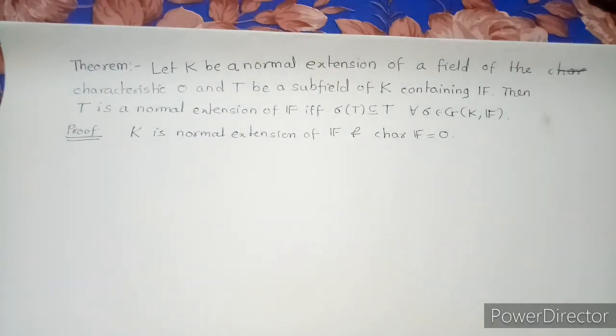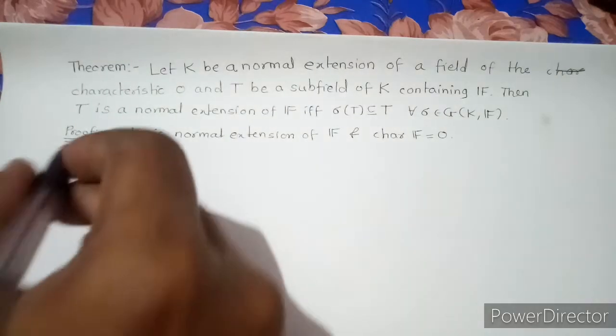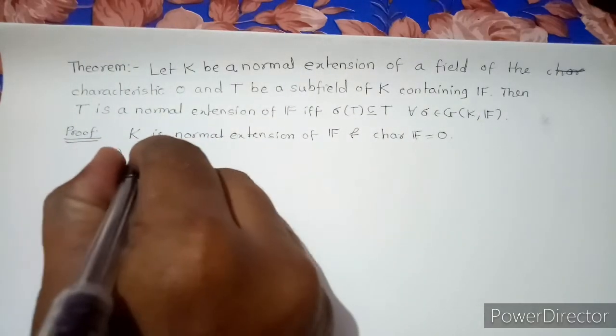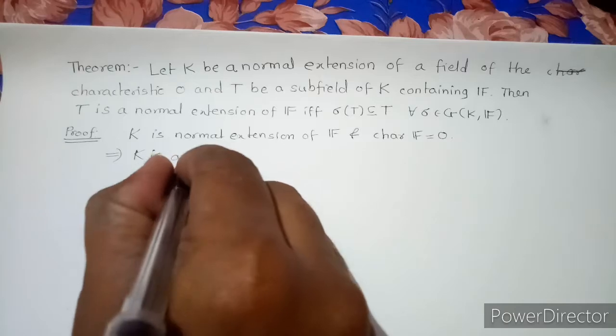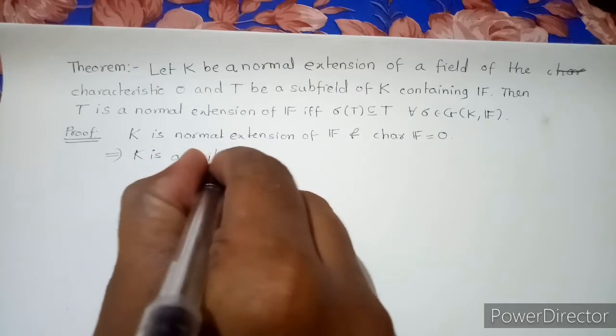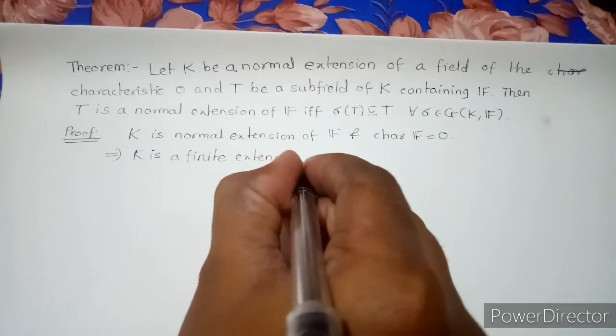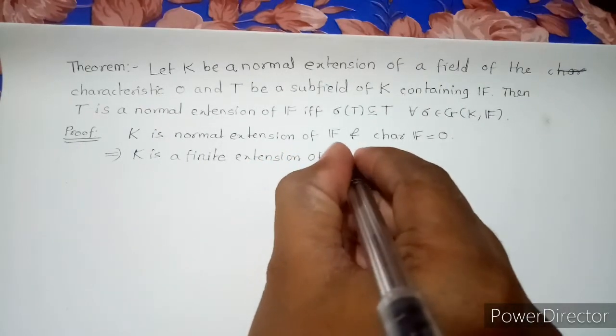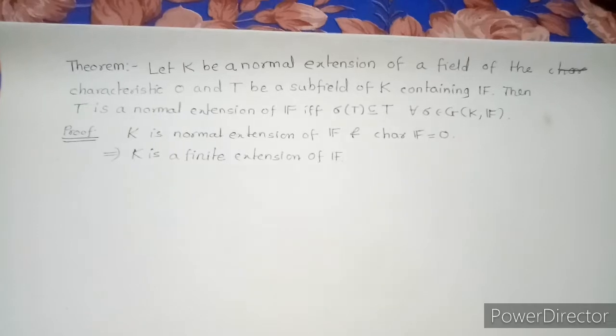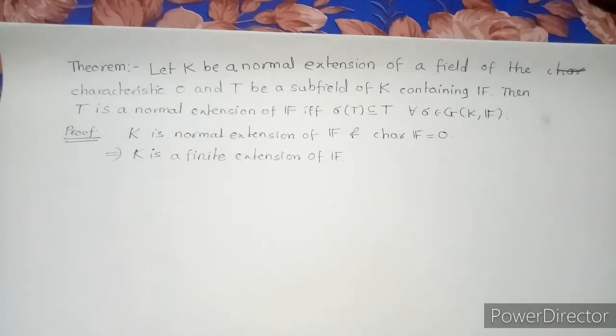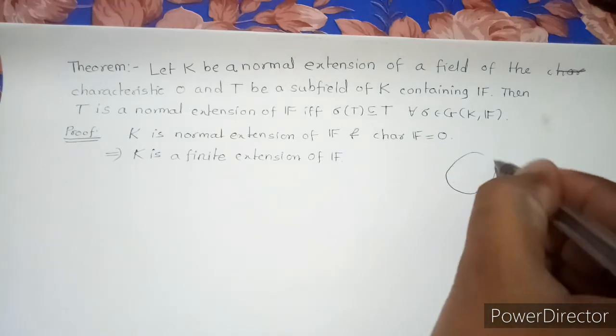We know that every normal extension is a finite extension, and therefore K is a finite extension of F. Further, we are given that T is a subfield of K containing F.